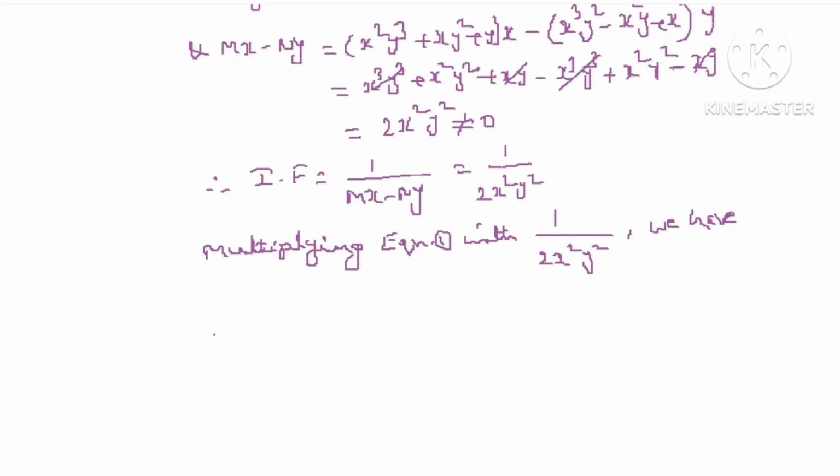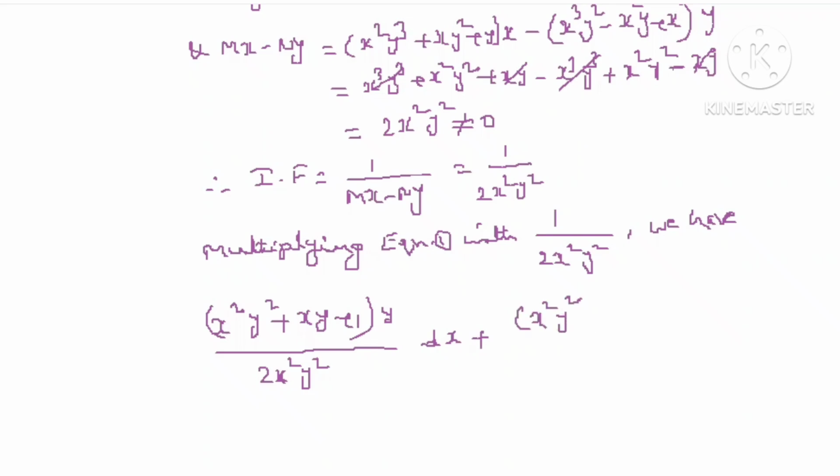So we will get (x square y square plus xy plus 1) into y divided by 2x square y square dx plus (x square y square minus xy plus 1) into x divided by 2x square y square dy is equal to 0.